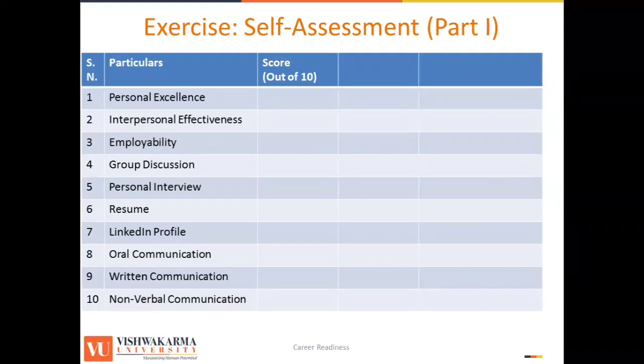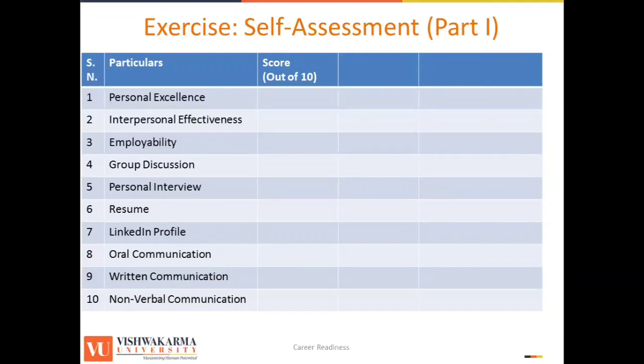And at the end of this session, you will again do this assessment basis information provided in this particular presentation. So take a minute and rate yourself. This is a self-assessment, not to be shared with anybody as of now or in future also. This is for your reference so that you can identify some areas of improvement and work on it.